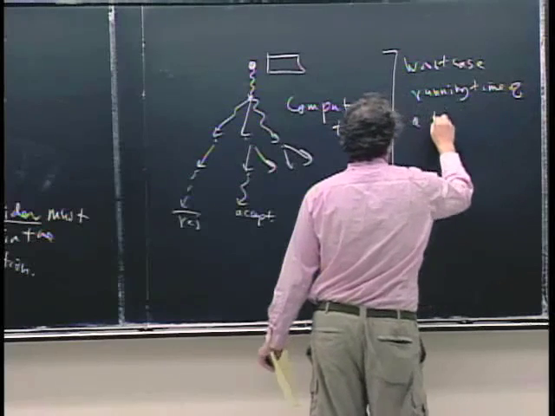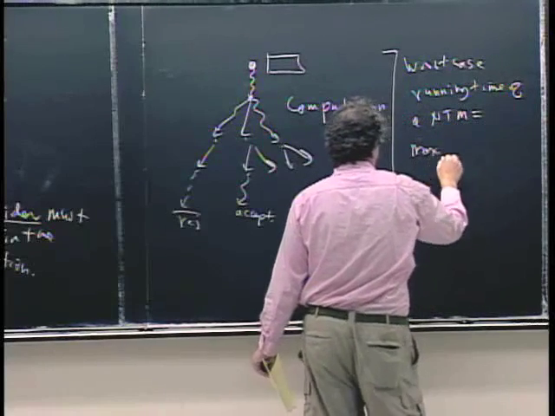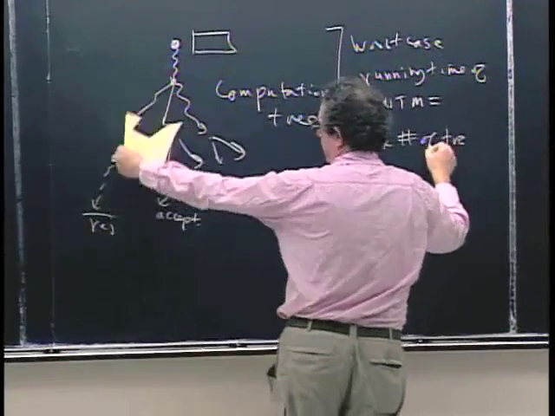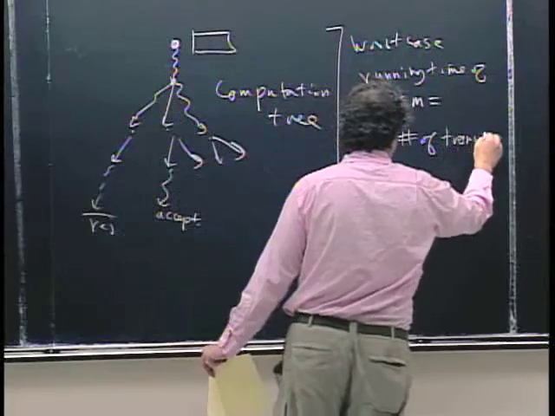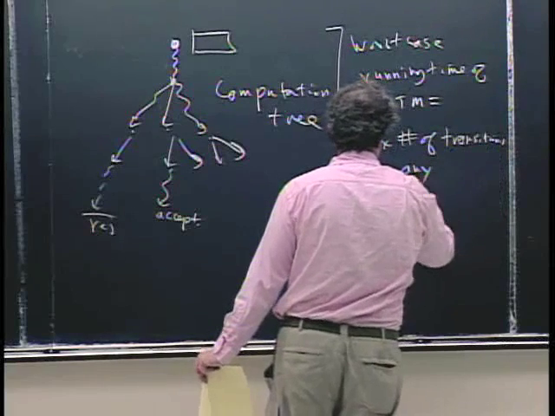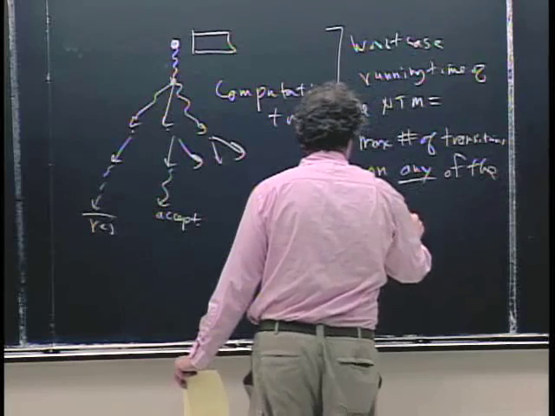of a non-deterministic Turing machine as equal to the maximum number of transitions or edges on any of the computation paths.